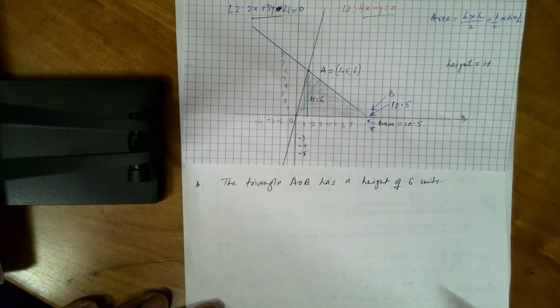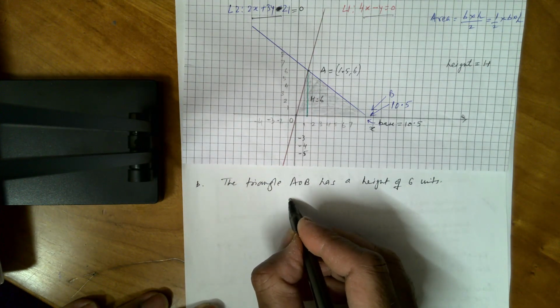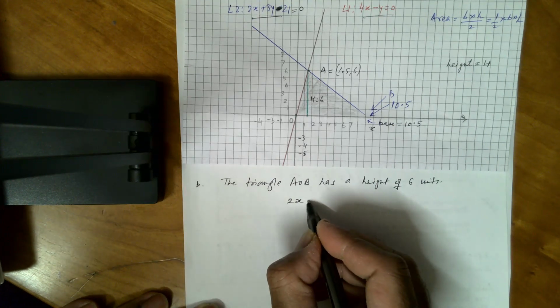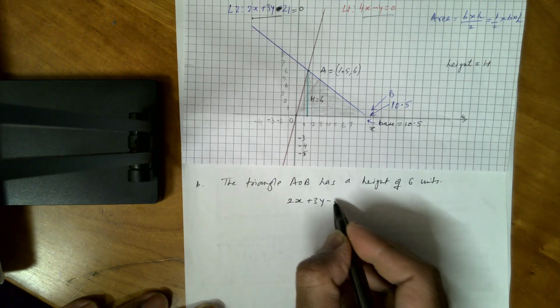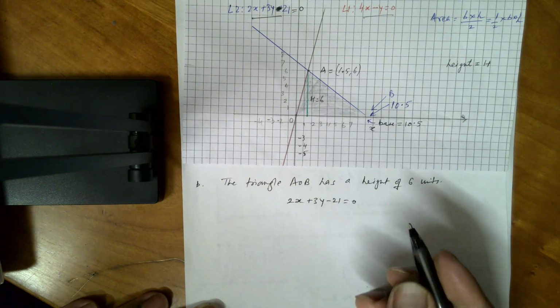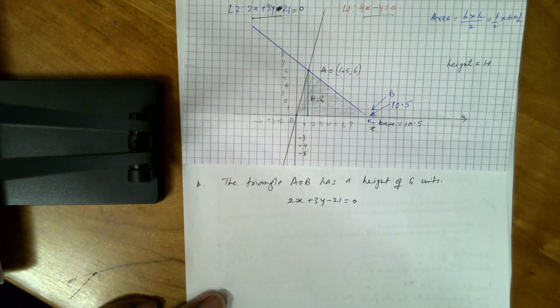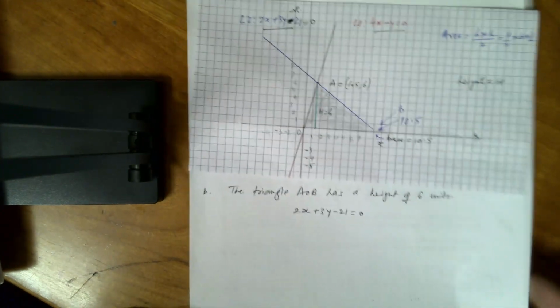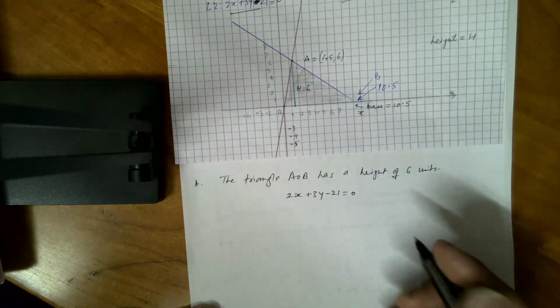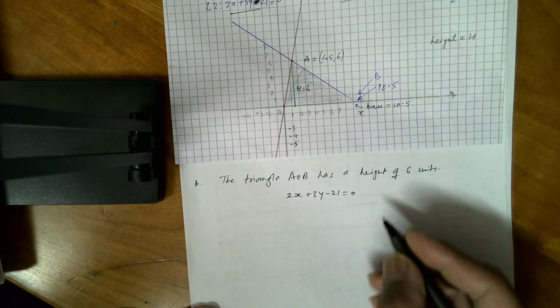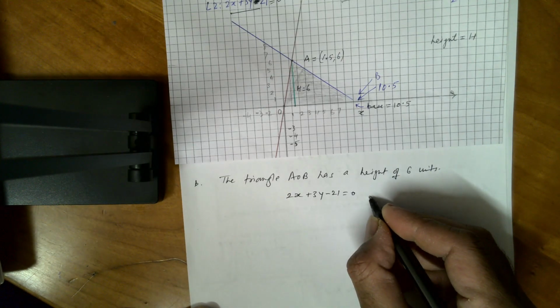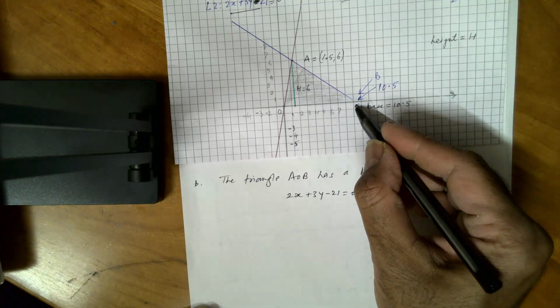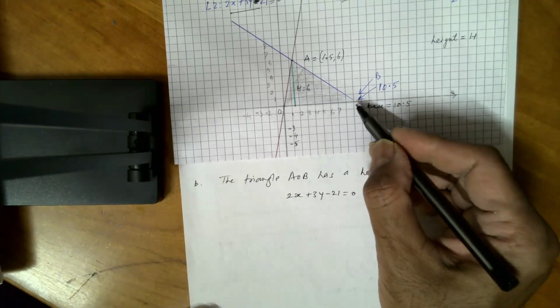Now, let's write down your equation: 2x plus 3y minus 21 equal to 0. Okay. Now here, I need to write something for you. Before we solve this equation, I can say here B is this point here. Okay, now we're talking about B here.